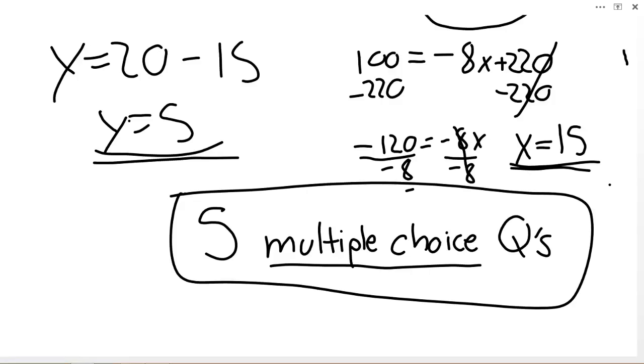Because at the end of the day, if we don't put any context to our math, then it's just meaningless equations. It's just random numbers that equal random variables, and it doesn't mean anything at the end.